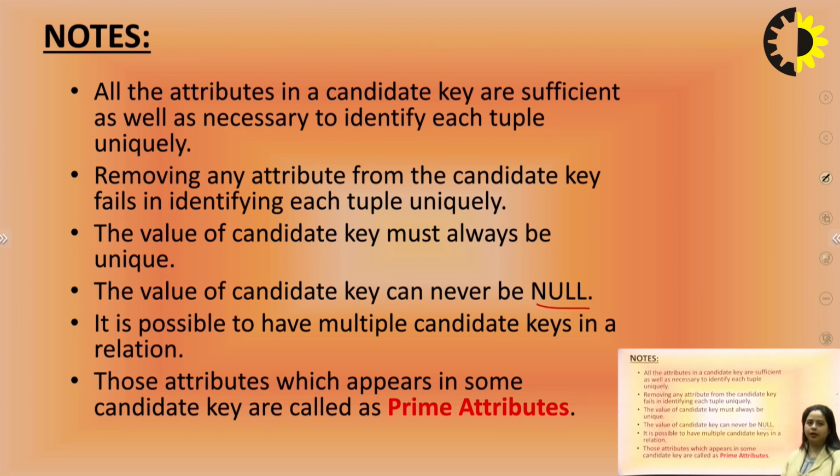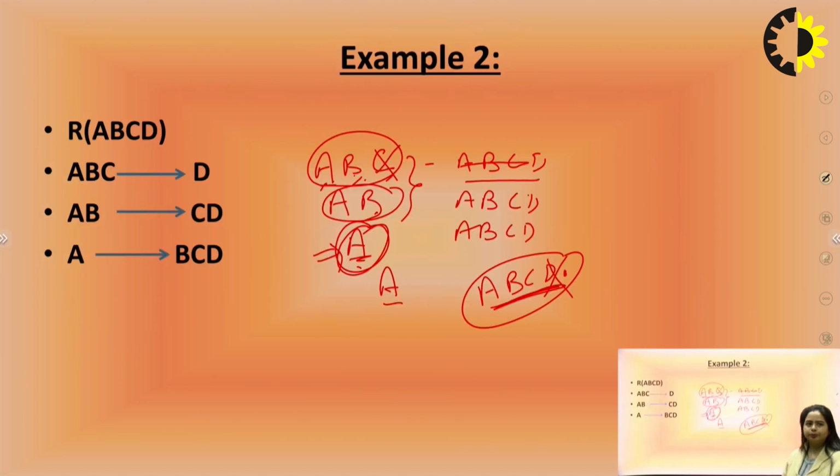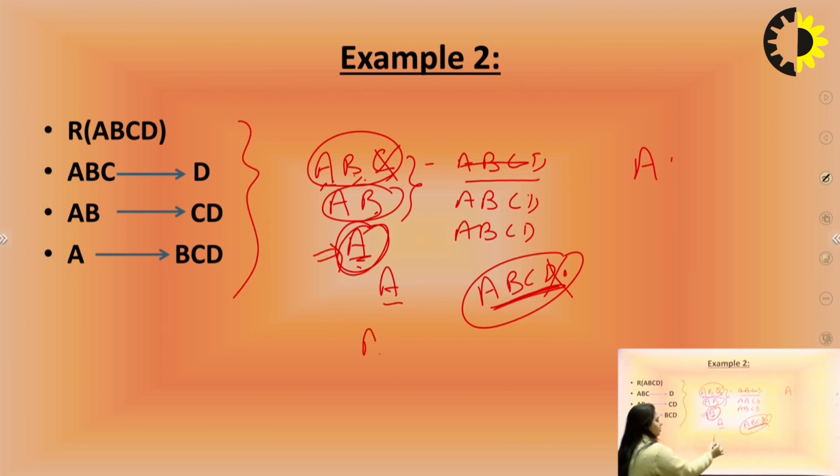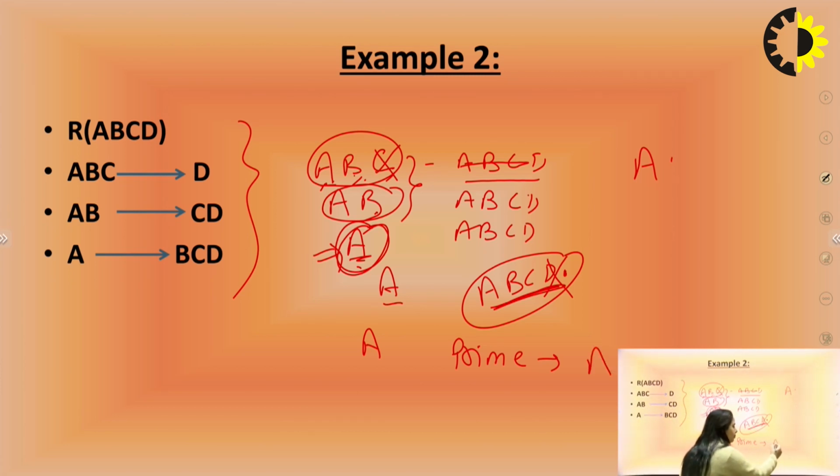Now, what does it mean? What is a prime attribute? Suppose in this relation, we have A as candidate key. Prime attributes are those attributes which are part of the candidate key. Here the part of the candidate key is A, so A is your prime attribute.